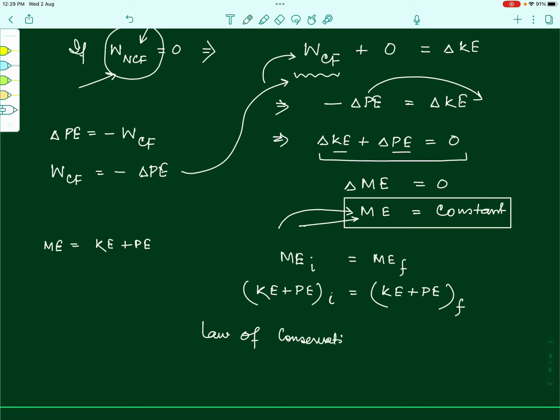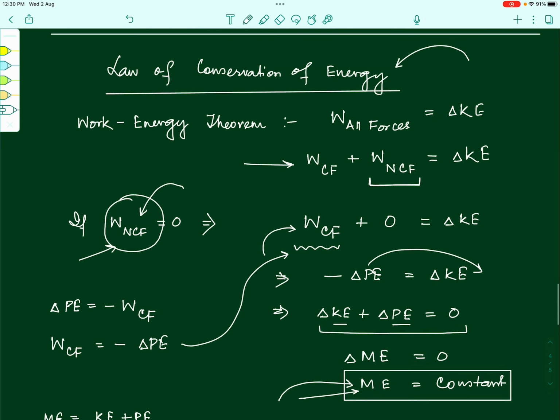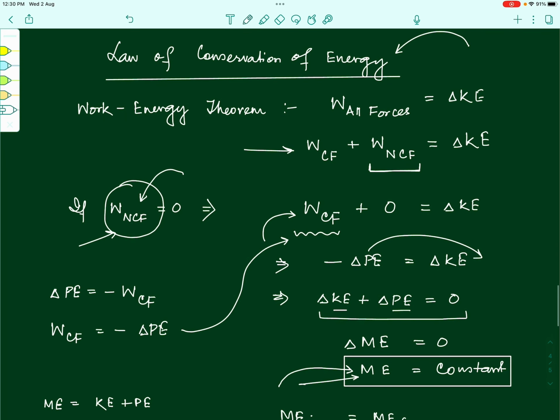Okay, so this law, as you can all see, is coming from the work energy theorem. What does that imply? That implies that work energy theorem is an even more general theorem. As I told you when we were discussing the work energy theorem, it is more general than the law of conservation of energy, because the work energy theorem works with non-conservative forces also.